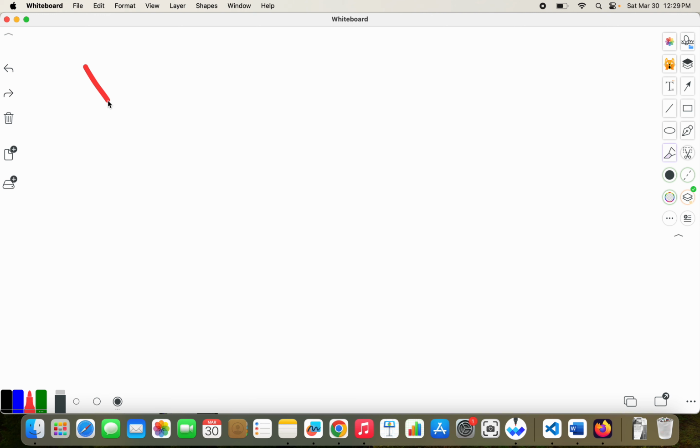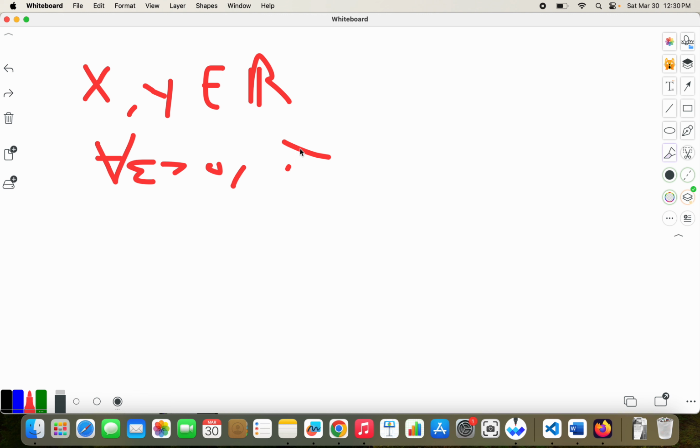Theorem. Suppose x and y are in R, and for all epsilon greater than 0, the absolute value of x minus y is less than epsilon.